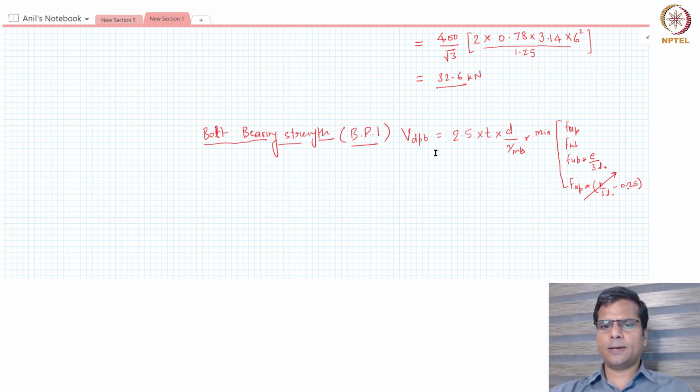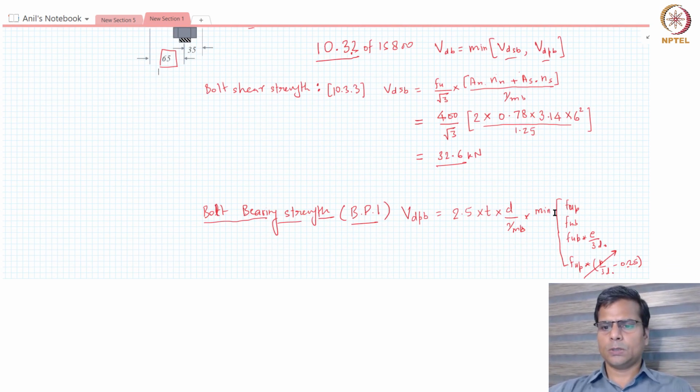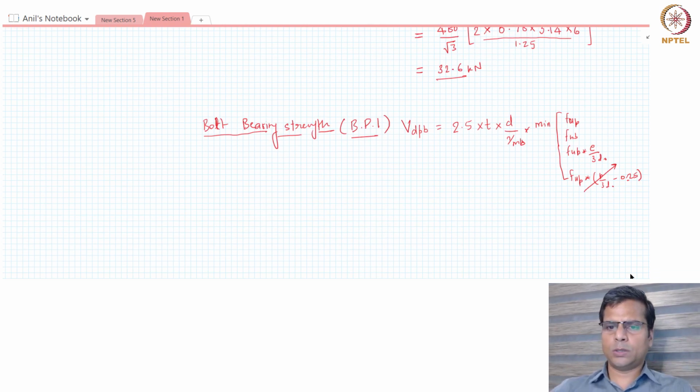However, e is the end distance that we need to be careful about, and we need to measure the end distance appropriately based on the force direction. So for bearing plane 1, the end distance will be this distance 65, which is marked here.